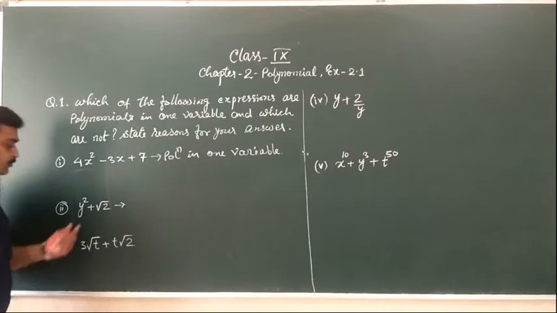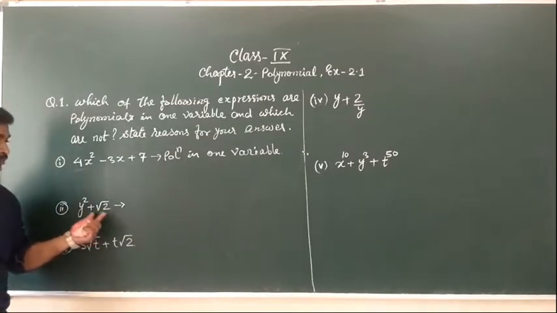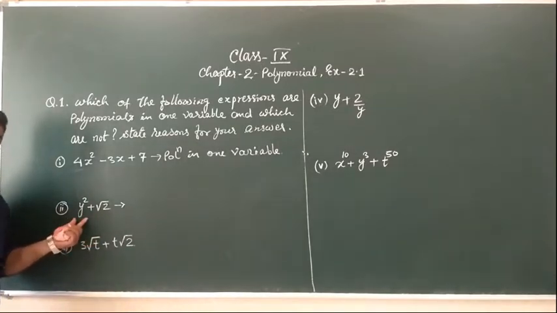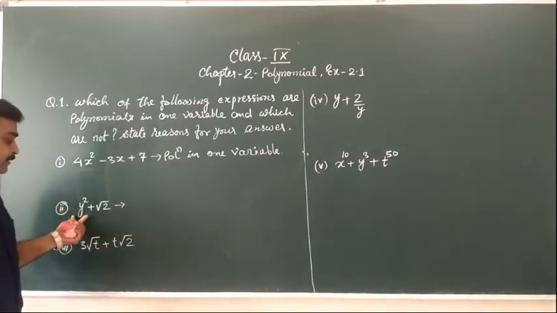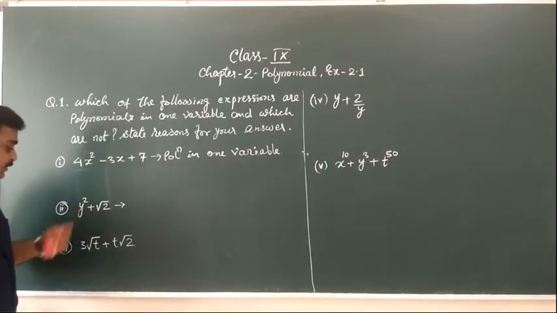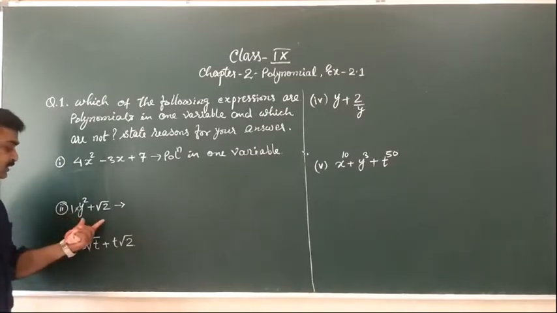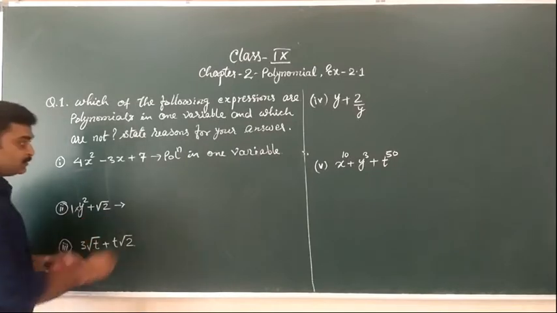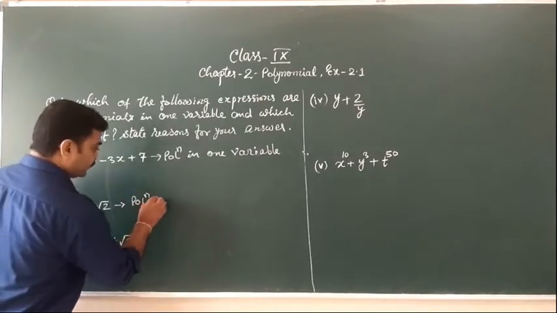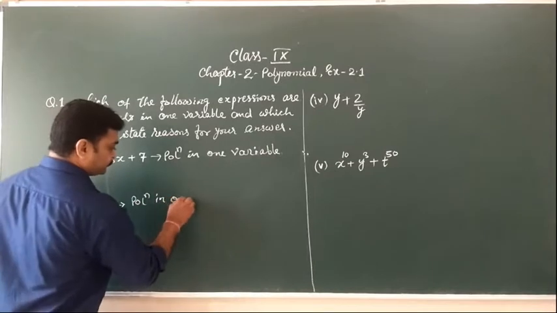Here y square plus root 2. Y square is again a variable to the power whole number multiplied by a constant, which is 1. So this term is also a polynomial. We will write polynomial in one variable.